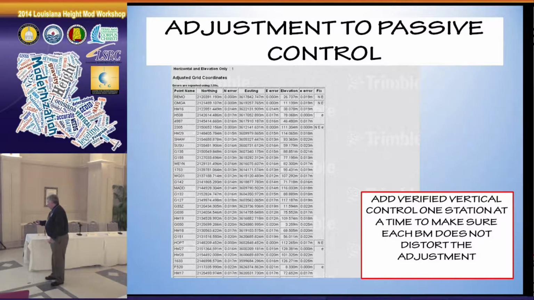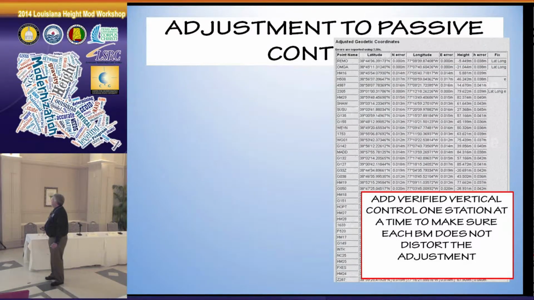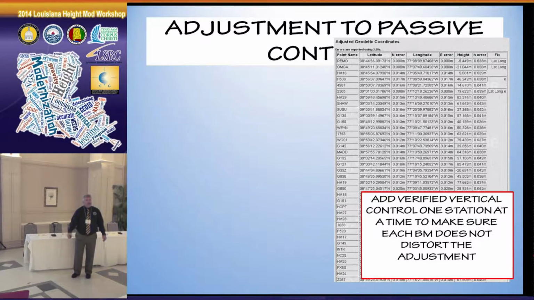But what happens in the adjustment is, if you recall the ellipsoid heights on the screen I had up here, they were less than 1.5 centimeters. So what it's done is change all the ellipsoid heights to match the benchmarks in the ground values. You've got that h equals little h minus N going on. You're holding the N, you're holding the big H, and you're changing the little h now, because nobody uses ellipsoid heights.